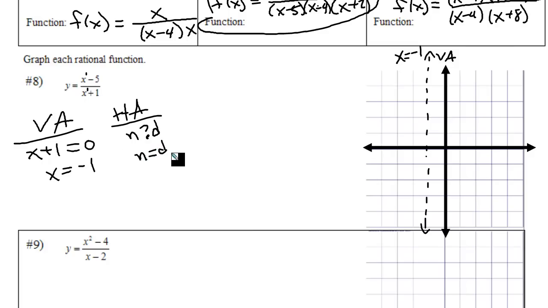So n equals d, and we have a horizontal asymptote at y equals a over b. A is the lead coefficient of the numerator, b is the lead coefficient of the denominator. So that's 1 divided by 1, which is 1. So we have this horizontal asymptote at y equals 1.